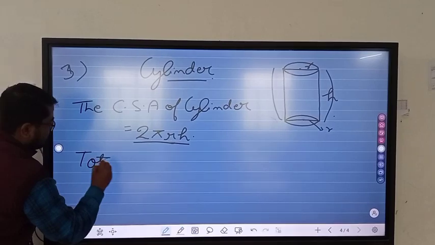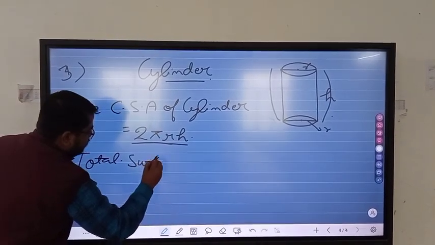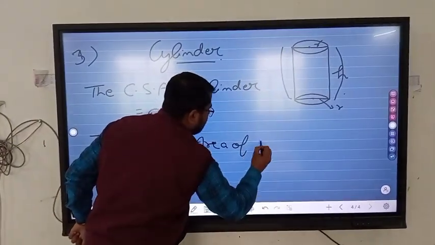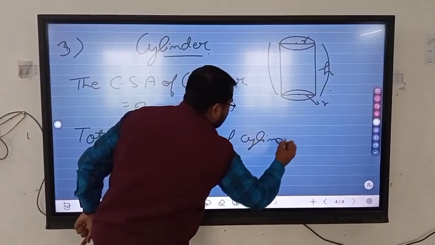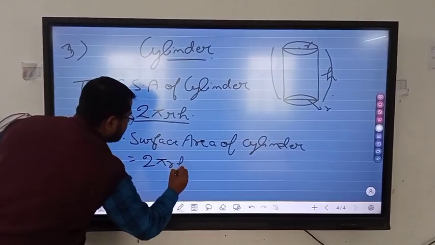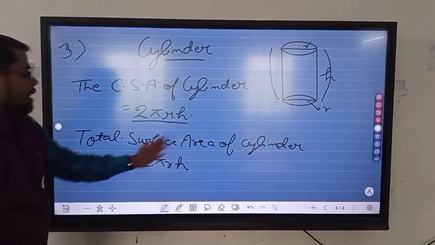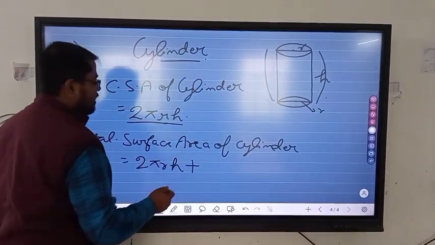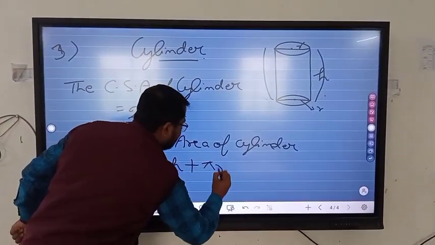Total surface area of cylinder is equal to 2 pi r h, means curved surface area, plus 2 times the area of circular region, means pi r square.